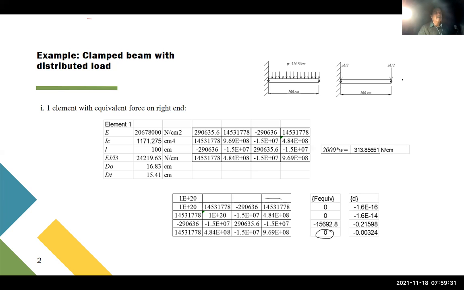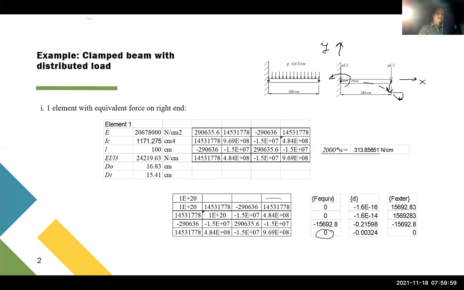Okay, so if this is X, this is Y, and this is positive for the rotation. So if we have this displaced like that, we see that the slope is negative. So we have this displacement, this rotation, and these are these two values here.